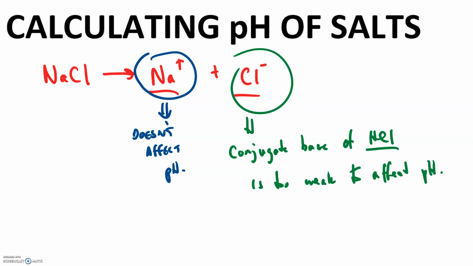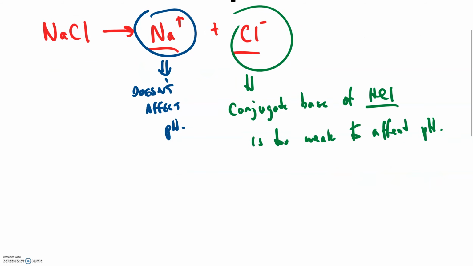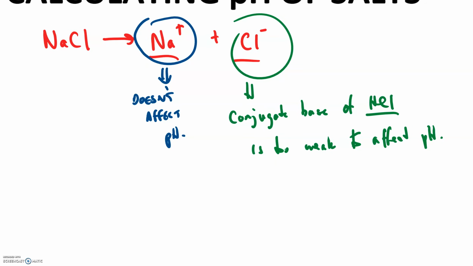Because the conjugate base of an acid that doesn't dissociate very much is going to be stronger. So here's an example of a salt. And a salt is simply any positive and negative ion. So here's another example. This is a salt, KCN, because it dissociates into K plus and CN minus.